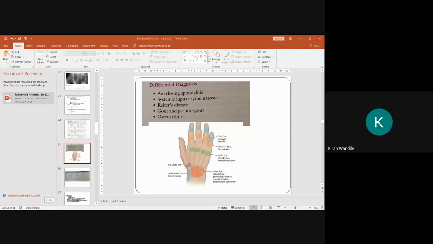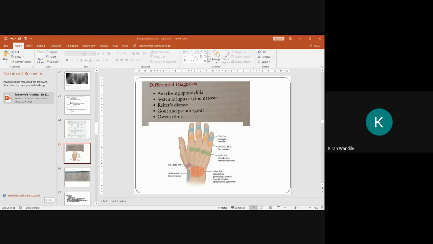And pseudogout. In pseudogout, which crystals are formed? Calcium pyrophosphate crystals are formed, and in which joint are they deposited?